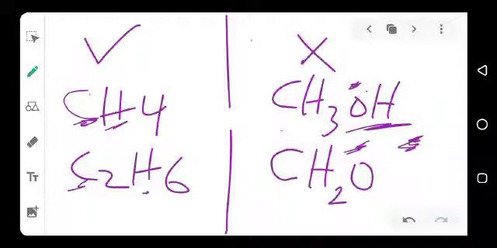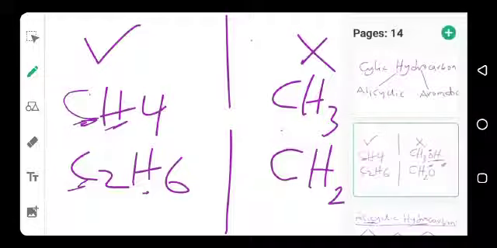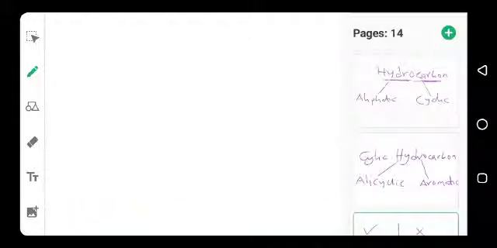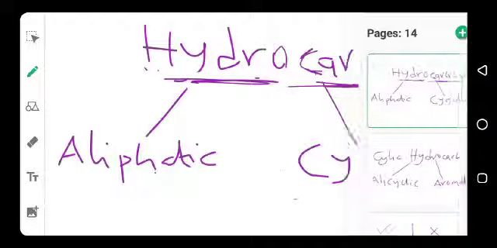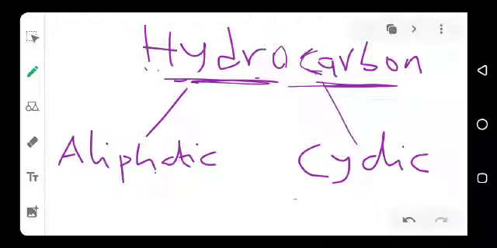Okay, so hydrocarbons are actually made up of two groups. We have aliphatic hydrocarbon and we have cyclic hydrocarbon. What is aliphatic hydrocarbon and what is cyclic hydrocarbon?